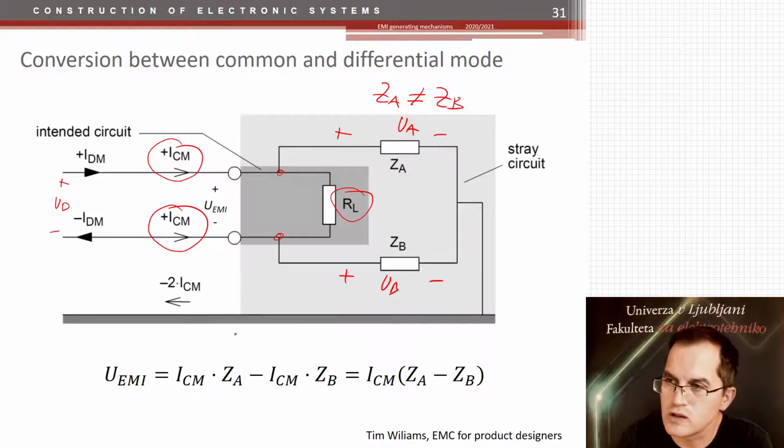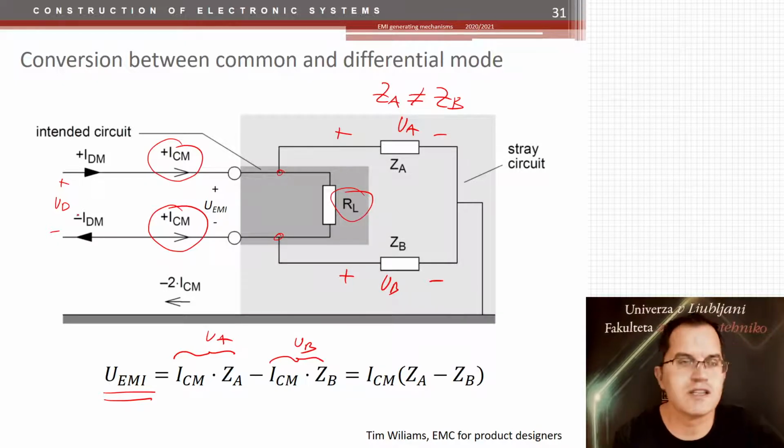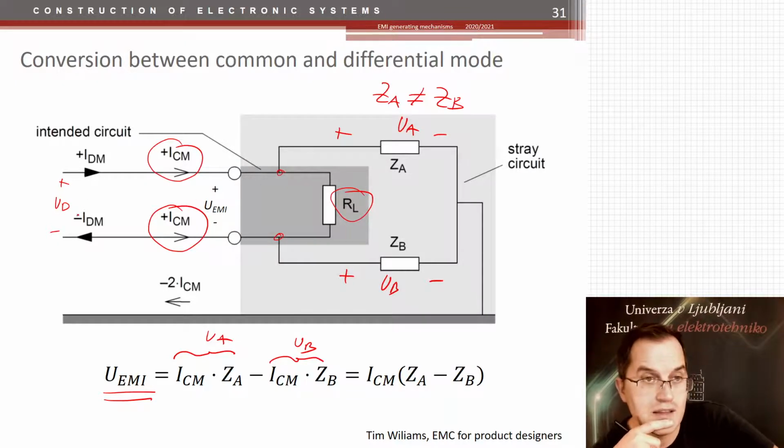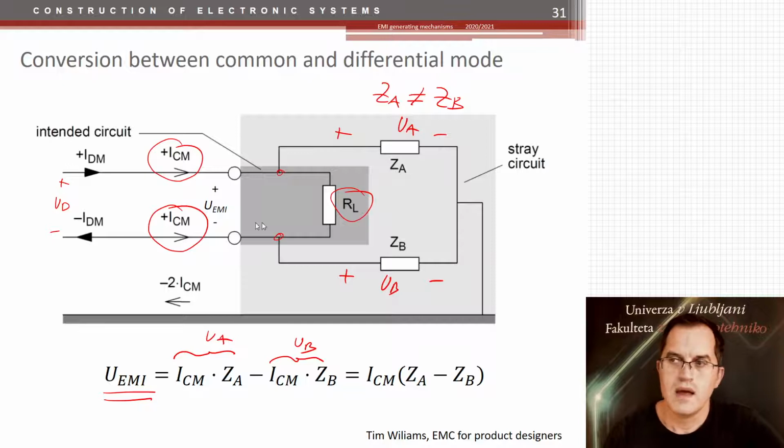So these two voltages, and that one is then affecting the electromagnetic interference voltage we just talked about. And that one changes the differential voltage and you measure it. You actually see it in your measurement. And that's not good.